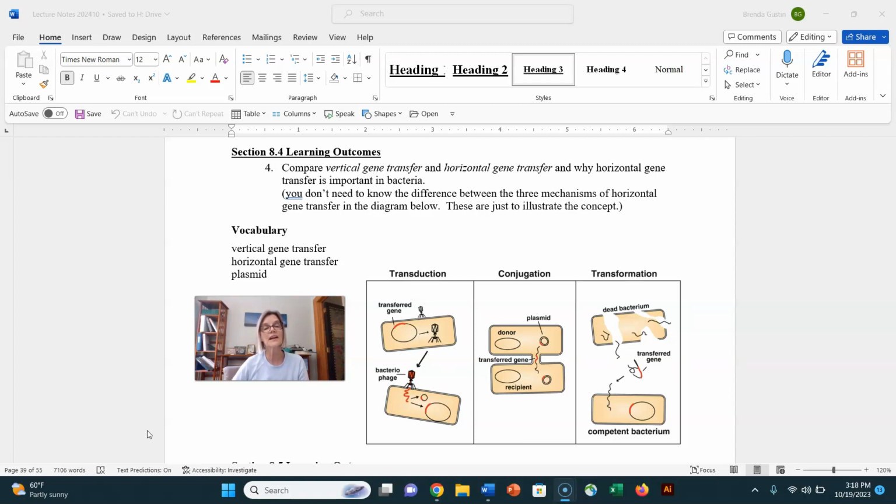It could be like, you notice I have this really straight hair, and it would be really nice to have curly hair. So I could get some genes from somebody who's got curly hair genes and have them transferred to me, and I could have curly hair. That would be a change acquired by horizontal transfer.